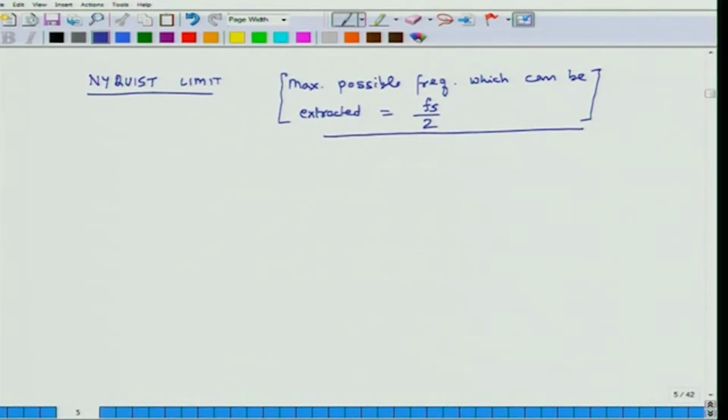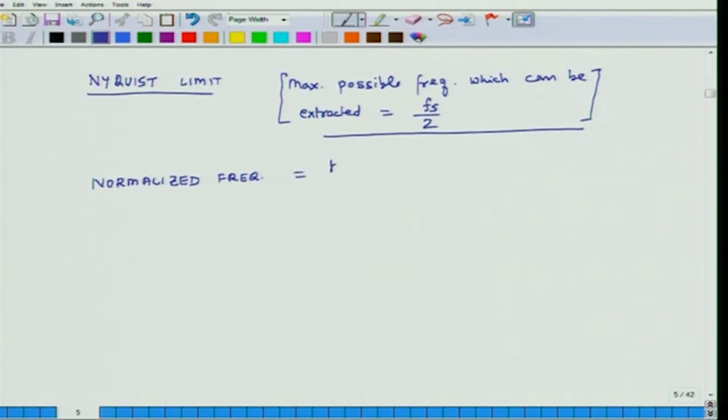Now I am going to introduce 4 different frequencies. The first one is the normalized frequency. And what is normalized frequency?